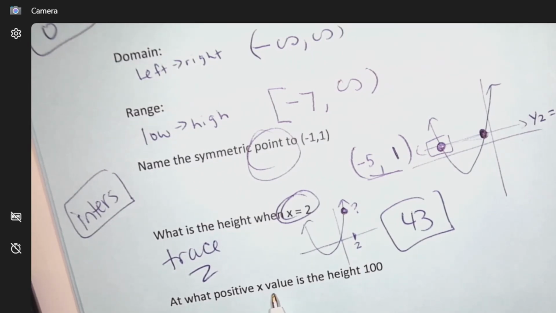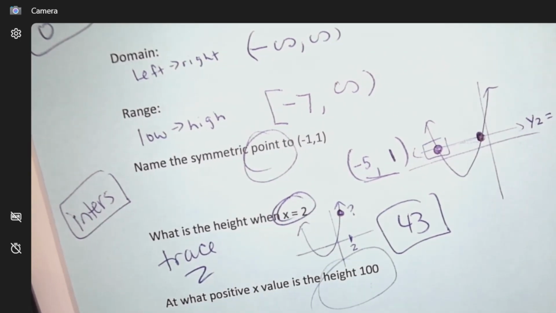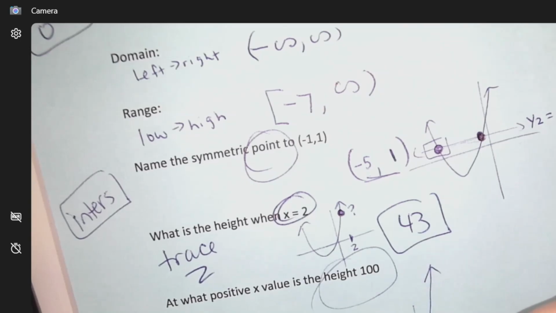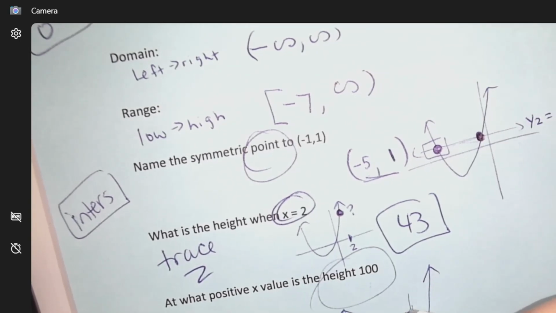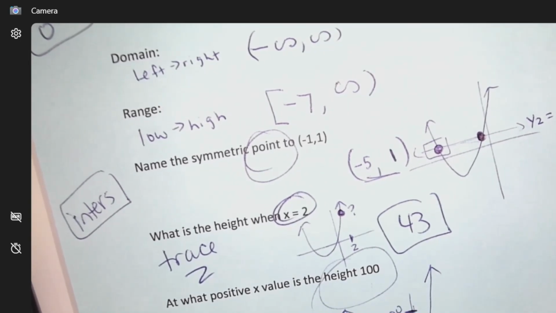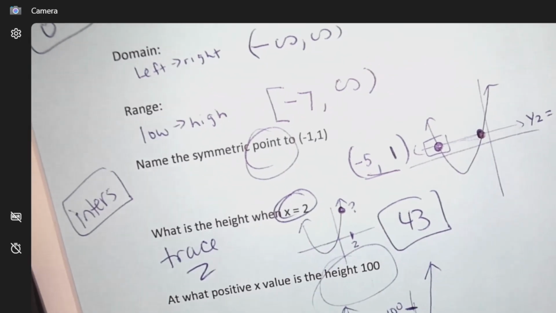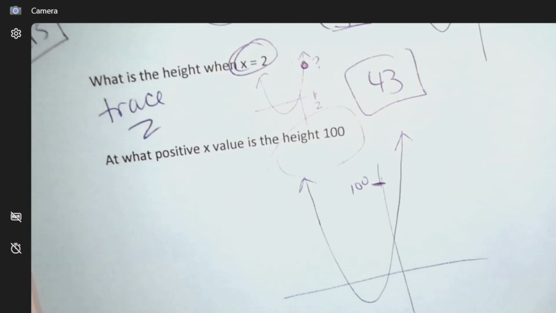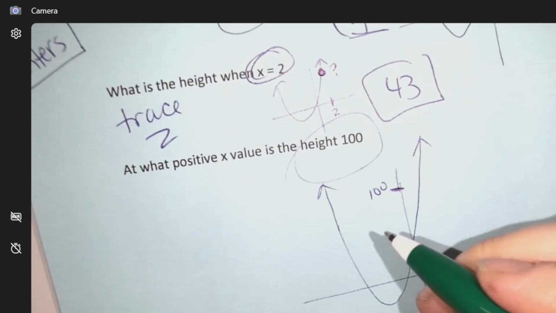At what positive x value is the height 100? So if you are looking for a height of 100, what do you do if you want to know where that is happening? What's your strategy?